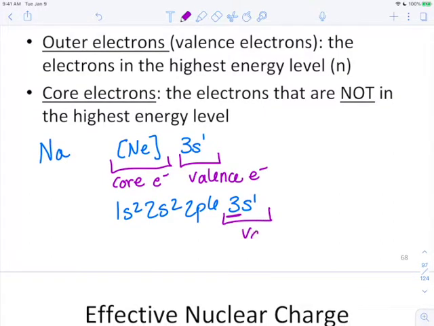Those are your valence electrons. And here we have our core electrons. So again, the core electrons are the inner electrons, sitting closer to the nucleus, and the valence electrons are on the outside. So any questions on anything here?